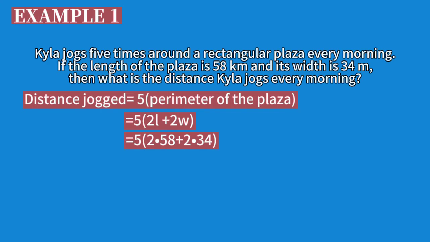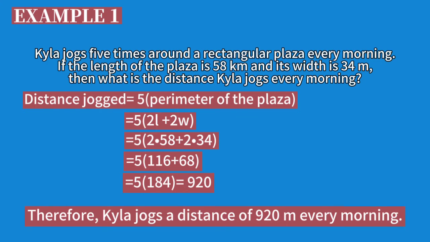Next is equal to 5(2 times 58, where 58 is the length in the given problem, plus 2 times 34, and 34 is the width), equal to 5(116 plus 68), equal to 5 times 184, which is equal to 920. Therefore, Kayla jogs a distance of 920 meters every morning.